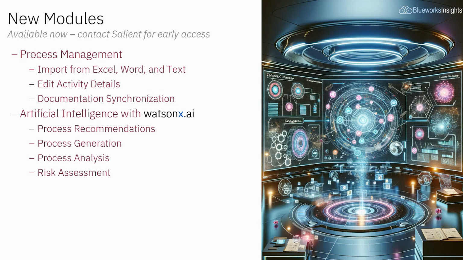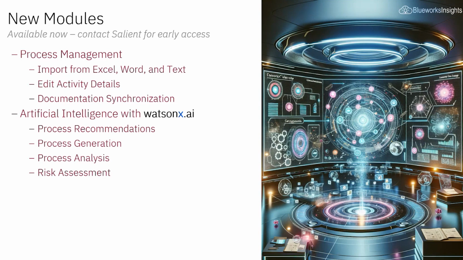If you were on the last webinar we did around Innovation Studio, you know that there's a lot of exciting things that we're doing around generative AI and Blueworks Live. And since Blueworks Insights and Innovation Studio share a code base, we're able to very quickly roll that into Blueworks Insights as well.